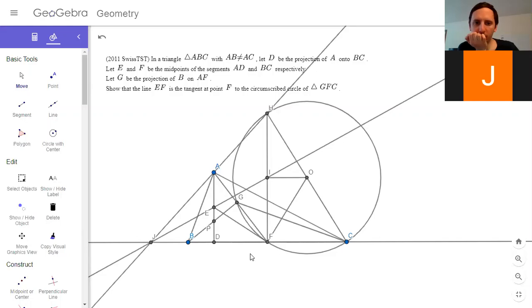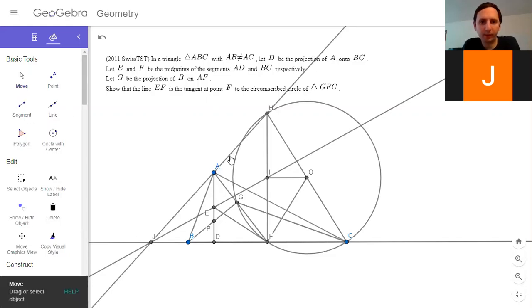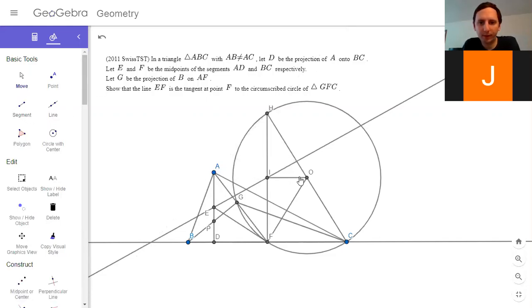Let's see. If we reflect G over F, okay, so I'm gonna delete a bunch of stuff. GDP is similar to GCF. Okay, I think we have two.